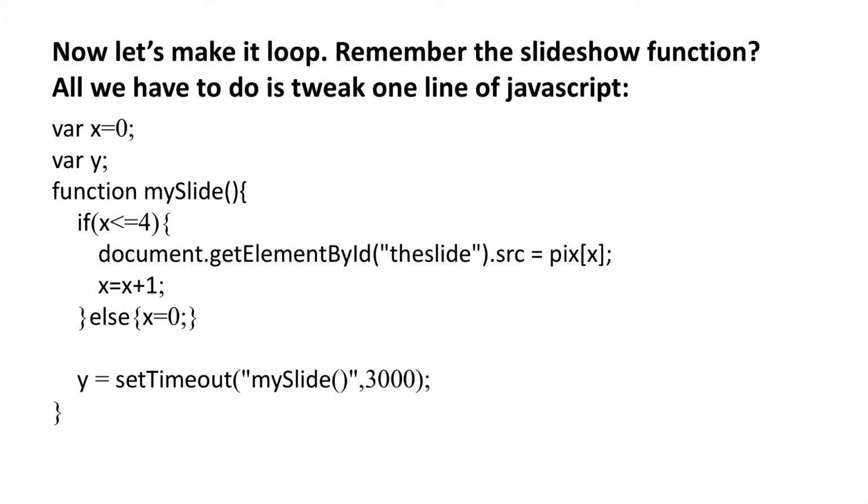And then our line of JavaScript that really counts is we took the source of the image tag for the slide and we kept changing the source. Then we incremented X by 1. And then we put an else statement so that when X gets over 4, X sets back to 0 so the slideshow repeats over and over. And then we do the setTimeout for mySlide at 3000 milliseconds, which is 3 seconds.